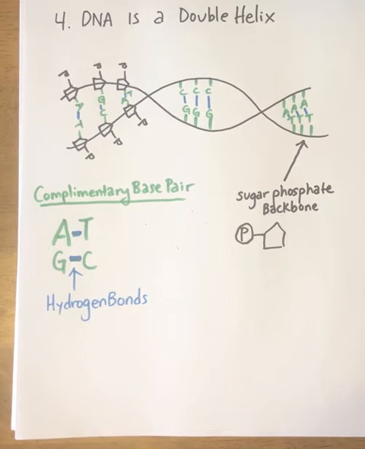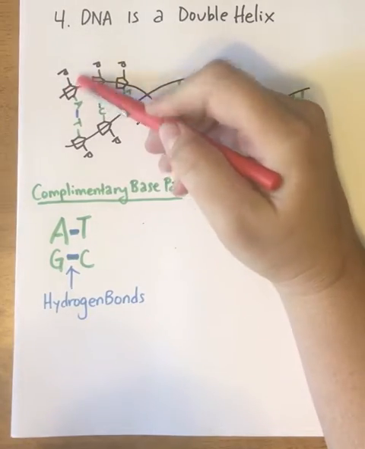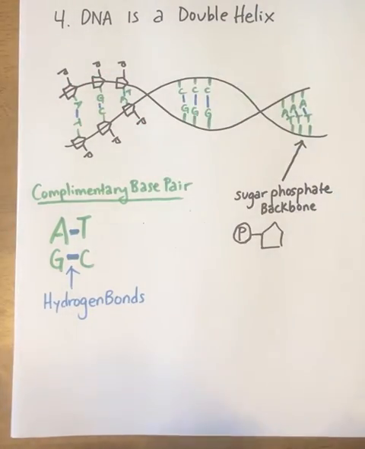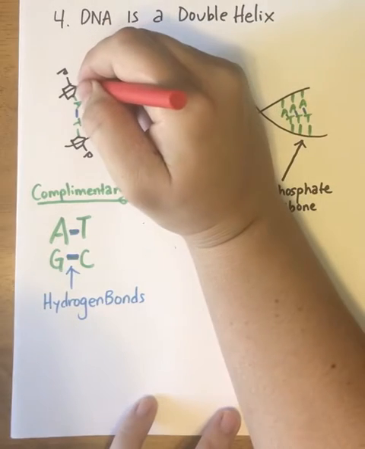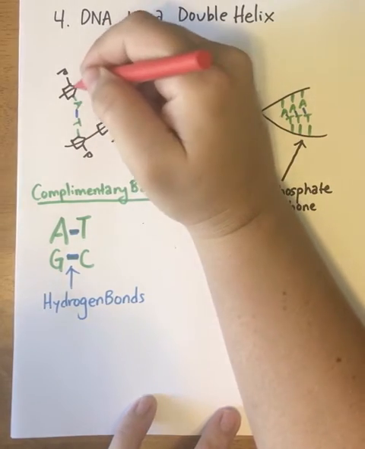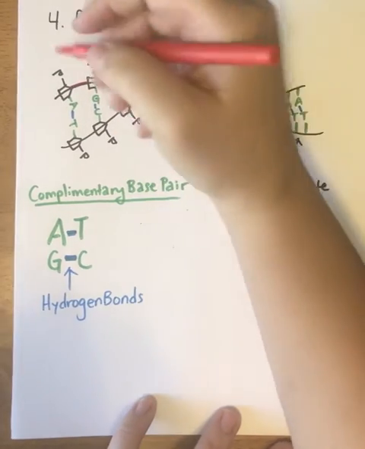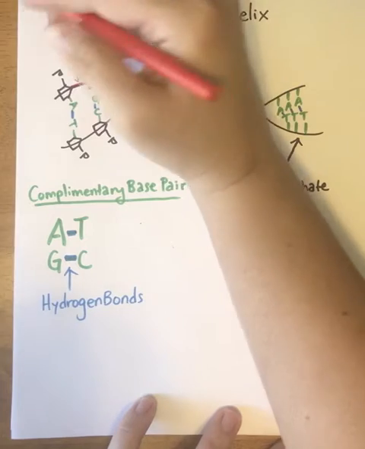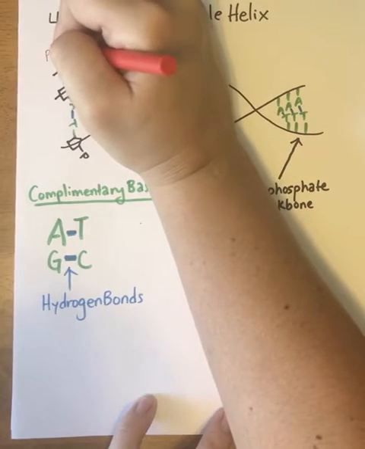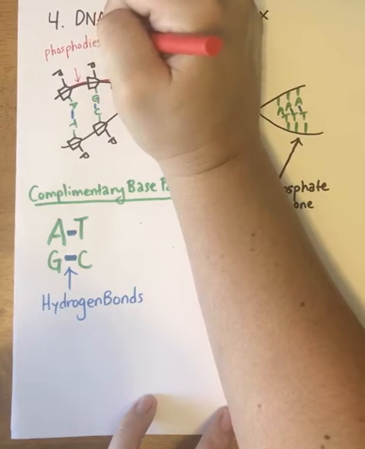Now, to link together your nucleotides, we use a special bond here as well. So the line that bonds your sugars together is another bond represented. This is called a phosphodiester bond.